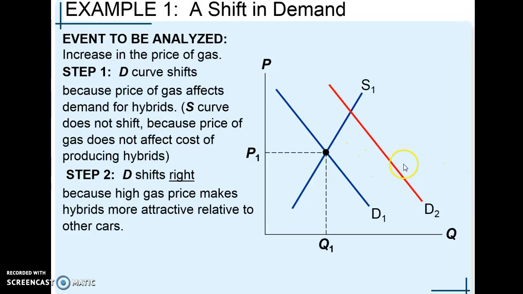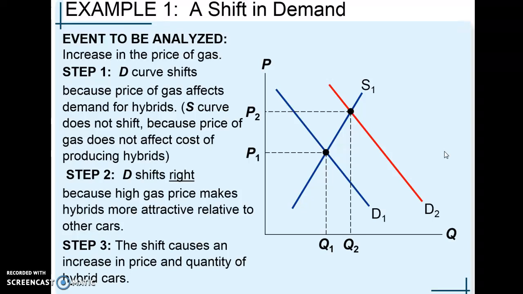You can see demand is shifting to the right because high gas prices make hybrids a more attractive option relative to other cars. The shift causes an increase in the price and the quantity of hybrid cars. We've moved from this point up to P2. Q1 is where we started, and now we're at Q2.